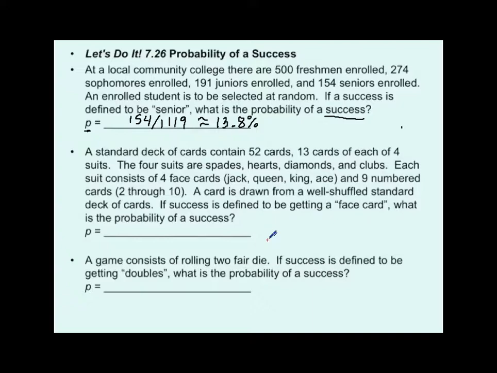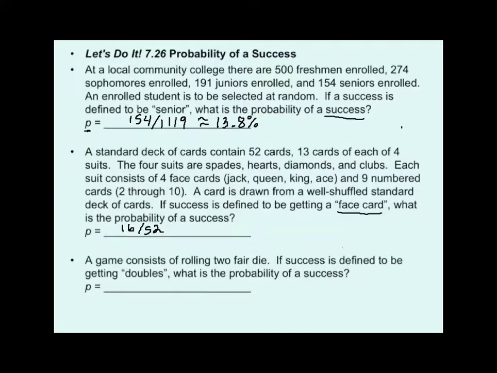Again, muy importante is we've got to know what was the definition of being a success, and so that's a face card. So it's dichotomous in the sense that either you're a face card or you're not. And there's all this other information about the deck of cards. All we need to know is what is a face card and what is not. So there are 52 cards in the deck. There are 4 face cards in each suit, so 4 by 4 is 16. So that tells me the probability of success here is going to be 16 out of 52 on the first draw.